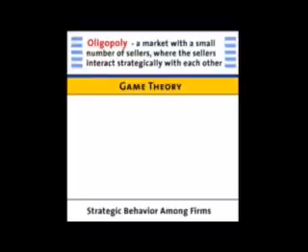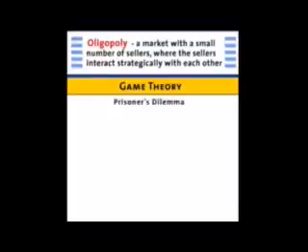It turns out that the prisoner's dilemma has a lot of applications in economics, and it applies quite well to the behavior among a small number of firms that are considering how to price their products or choosing the quantity of output to produce. So let's introduce the prisoner's dilemma, and I'll introduce it with a story that really doesn't have much to do, at first glance, with economics.